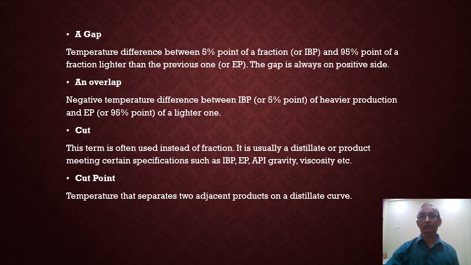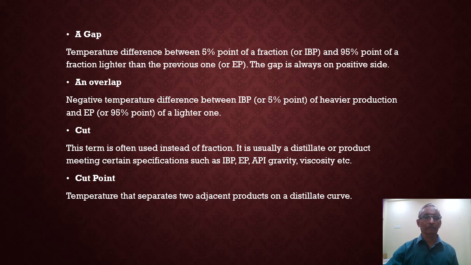Gap is always on the positive side, meaning 90% temperature minus 5% temperature for the first fraction and the next fraction. Then an overlap. You have used the overlap chart somewhere. Overlap is a negative temperature difference between the IBP, that is the 5% point of the heavier product, and the end point of the lighter one.